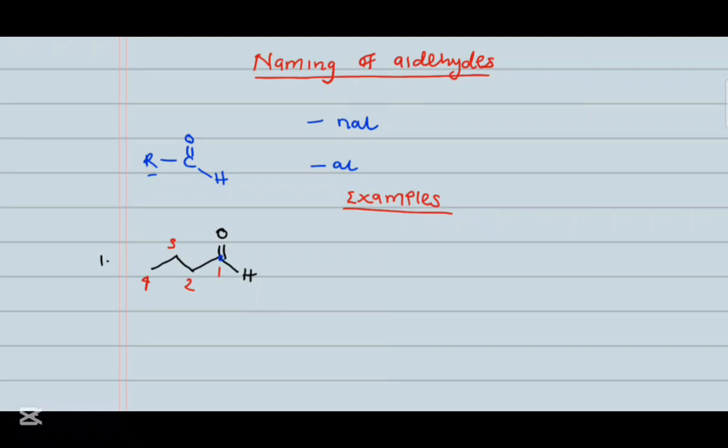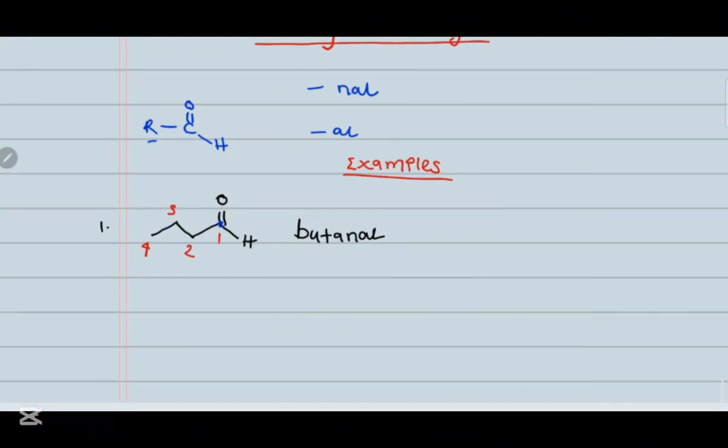We know that if a molecule has 4 carbons, it is butane. Since we are dealing with aldehydes, you replace the ending with AL. So this molecule is called butanal. That's the first example, very simple.